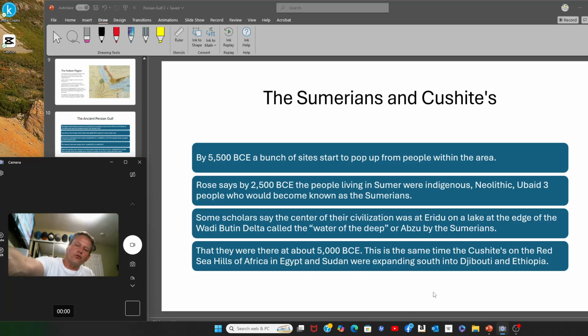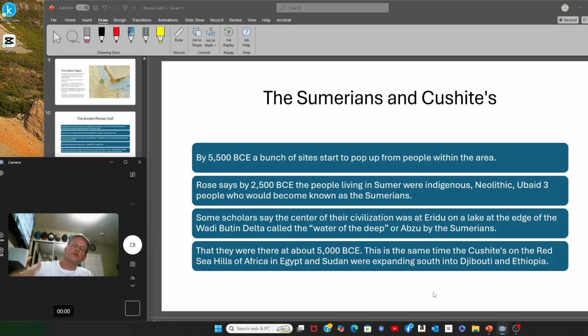And then also northeast into Sinai and Palestine, right? And then they stay on the side. They're on that coast. They're on the western coast of the Red Sea, and for sure they're moving across the Red Sea.